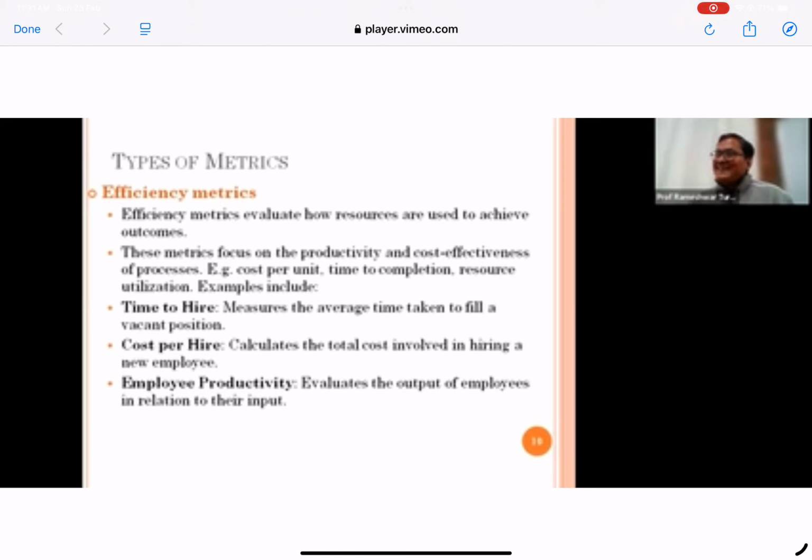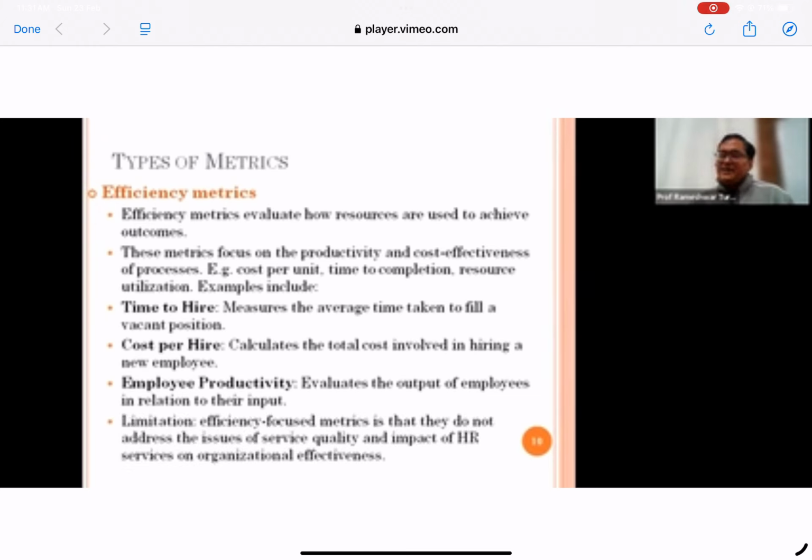What I'm saying is that efficiency related metrics have one limitation. They cannot tell us about the quality of resource utilization, service quality, or impact of HR. They can only compare. Each metric has its own limitation.